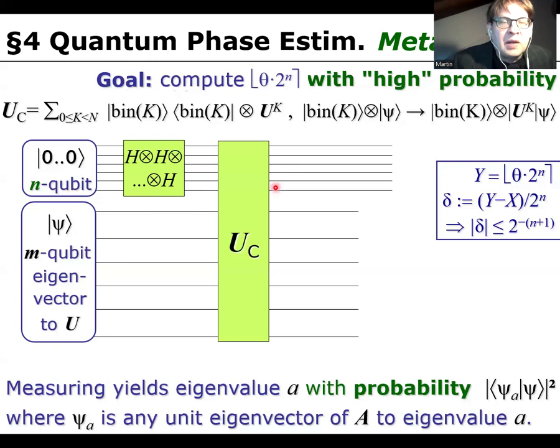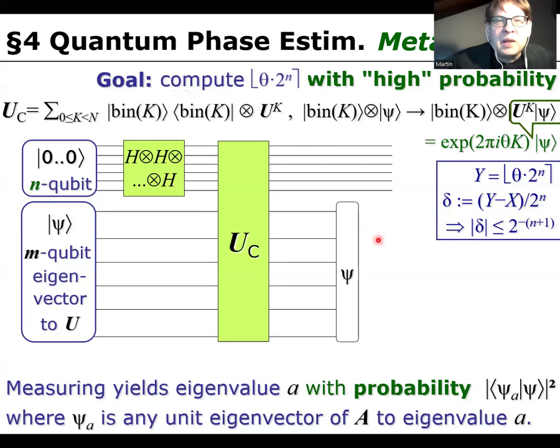And if the other state here is a vector psi, then the output is the vector psi with the kth power of U applied, which means apply U k times repeatedly, sequentially, and don't change the first qubits. So this is what happens here. And then the result will be the new state, psi prime.